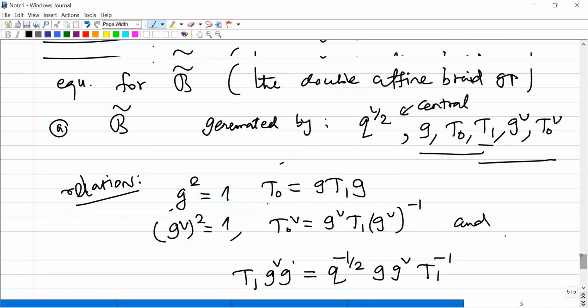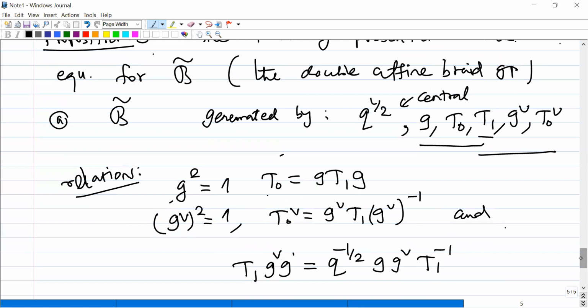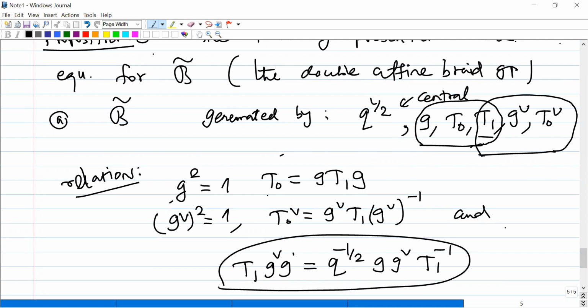Okay, so it is generated by these 6 elements. Okay, and q power of is central, so it commutes with everything. And you can see that this corresponds to one of the braid groups, and this corresponds to another braid group, and then they interact with these relations. Okay, so these are all the relations that we have.